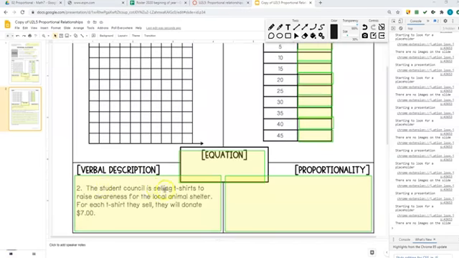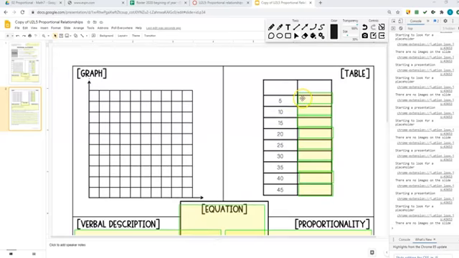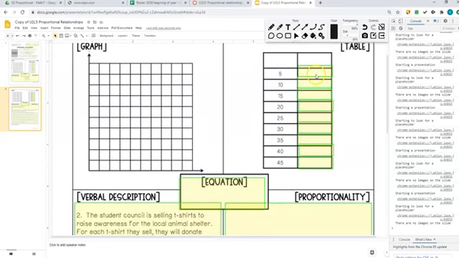The Student Council is selling t-shirts to raise awareness for the local animal shelter. For each t-shirt they sell, they will donate $7. Okay. So now we're going to look at the number of t-shirts. So if you, I suppose we could fill in these as well, actually. So let's grab our little text box tool. So here's our number of t-shirts.